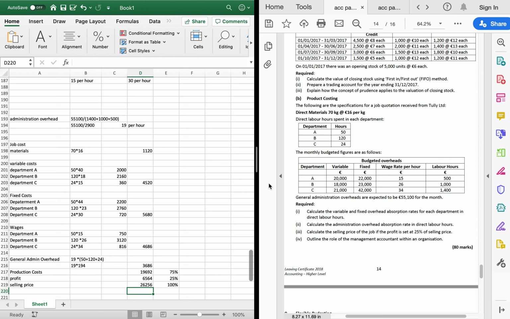That's what they do. Okay, so that's your second sort of job cost, where you don't have to work out all the various costs or separate them before you do them. But you follow the same process. So hopefully that's of some use to you.